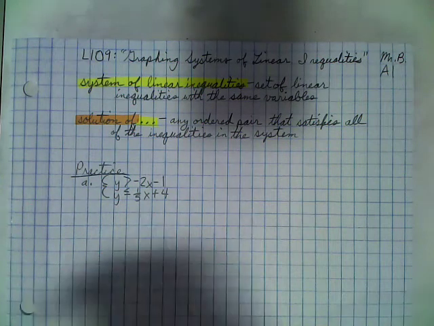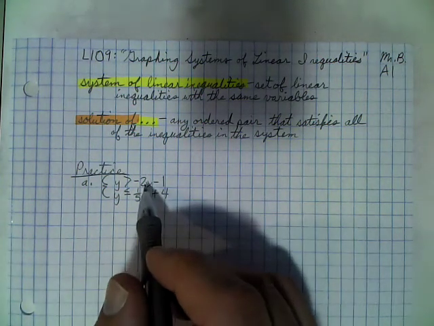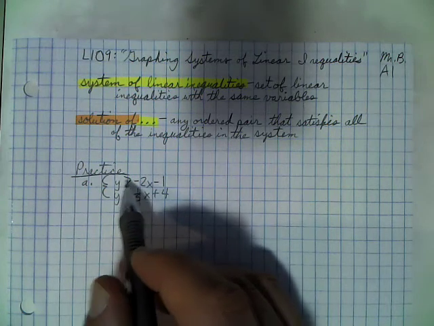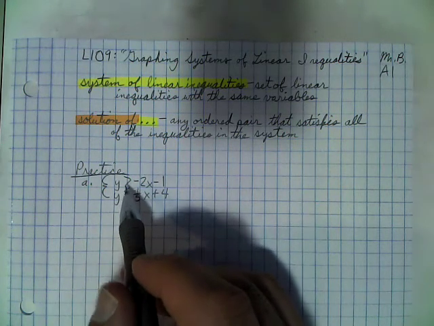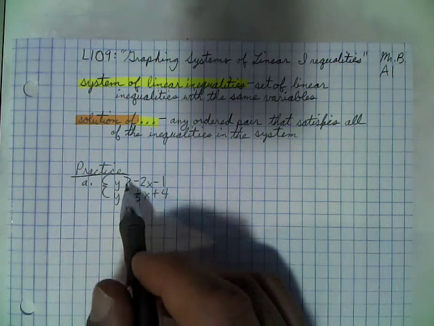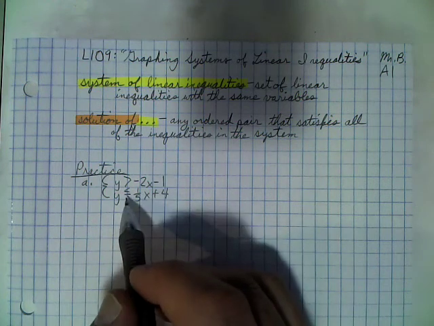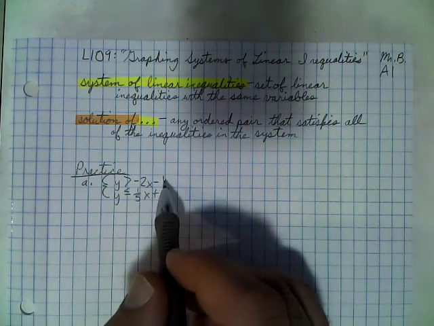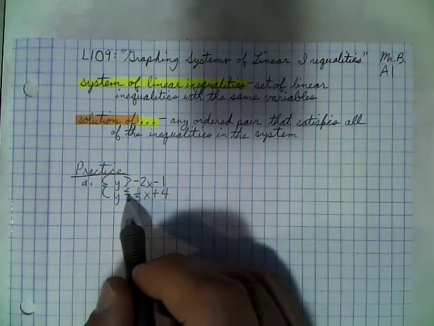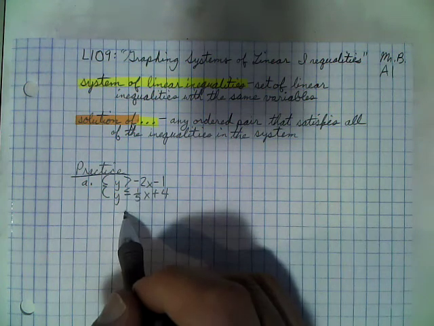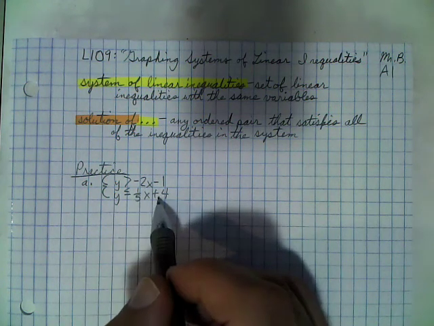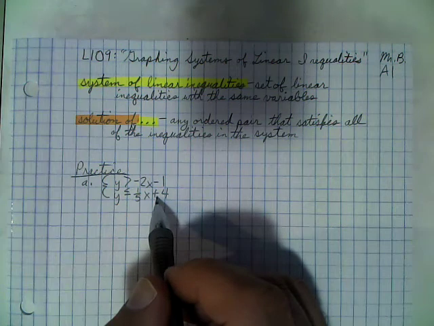So remember the key to graphing a linear inequality is we treat the less than, greater than, less than or equal to, greater than or equal to as if it was an equal sign, and that is our boundary line. So if you pretend it was an equation, that would be your boundary line. Now, if it does have the option of being or equal to, then that means that the line itself is included in our solutions.